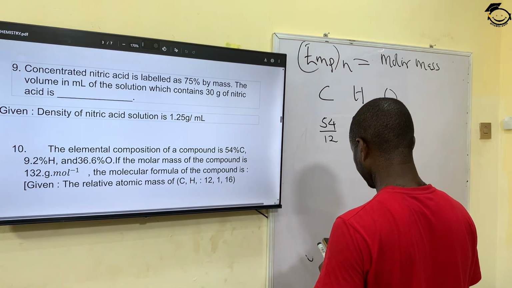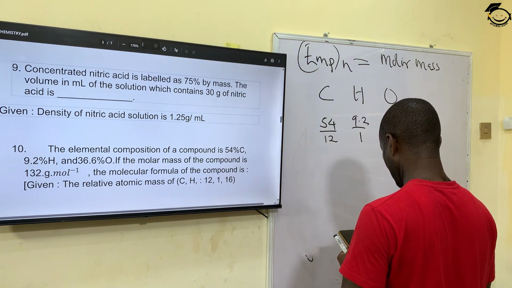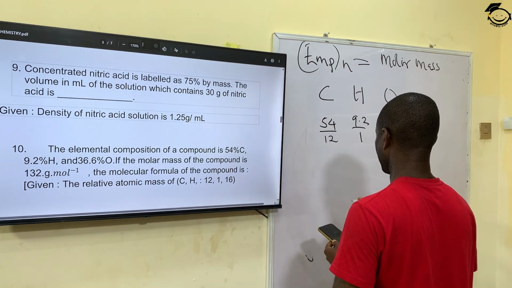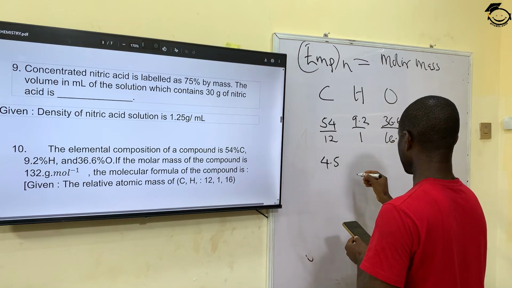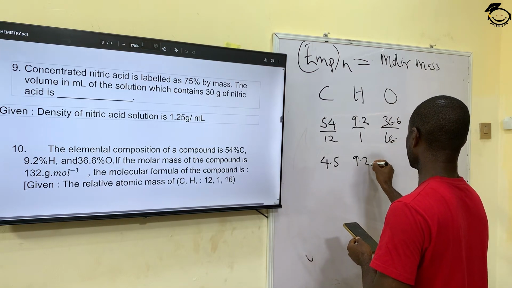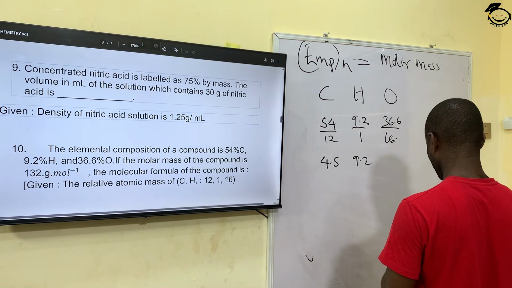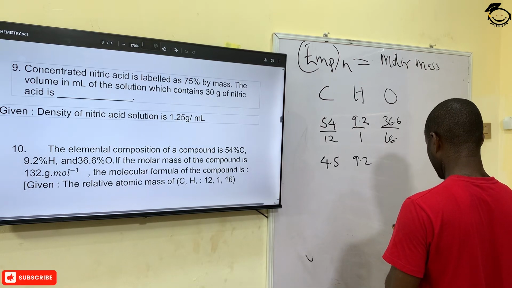We have 54 divided by 12 gives us 4.5 mole. Then this one gives us 9.2. While 36.6 divided by 16 gives us 2.29.